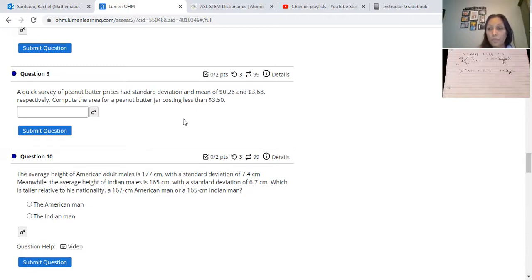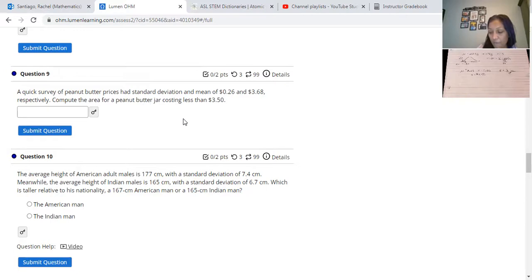Your z-score is not going to have a dollar sign attached to it, because your z-score is a standard score, so it doesn't have a unit. In this case, your X is going to be $3.50. Also keep in mind, they want you to find the area for a peanut butter jar costing less than that value. So you have to find the z-score first, then draw the curve, shade the region, and then use the table to figure out what that area is.